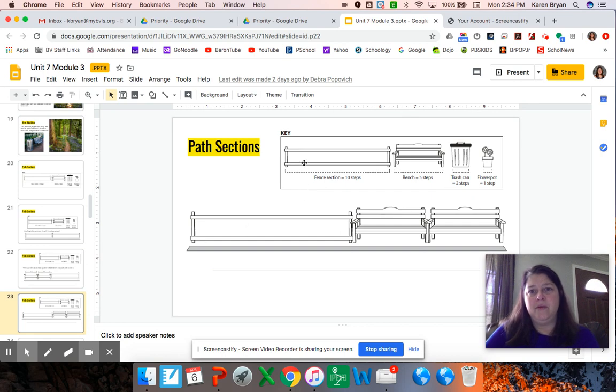We have another path section here. This shows our fence first, and then a bench, and a bench. See if you can figure out how long the path section is. If you have a piece of paper, you could even write the equation down.